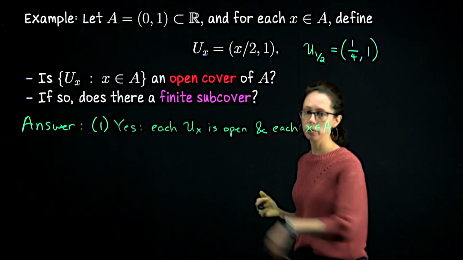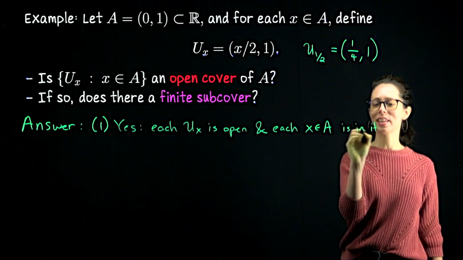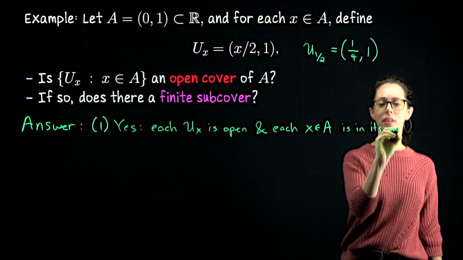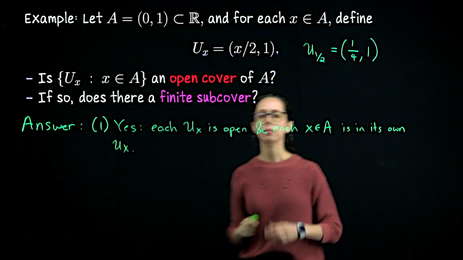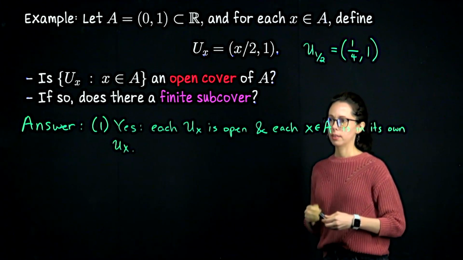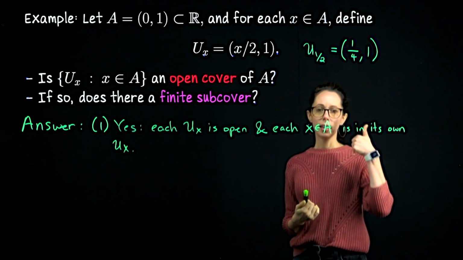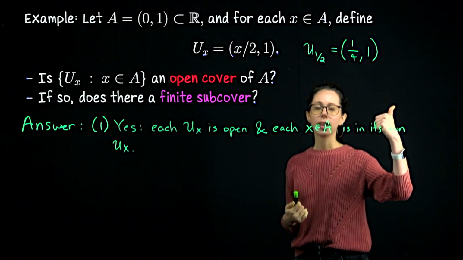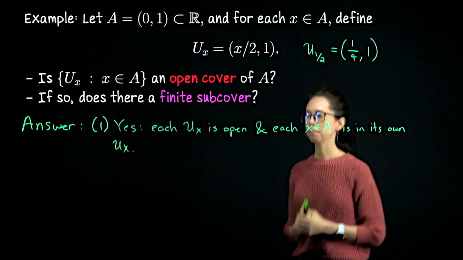It belongs to its own u sub x. This is an open cover of A. That's all you have to check to show that a cover is an open cover. Does it consist of open sets? Yes. And does it truly cover A? So is every point in A in at least one of the open sets?